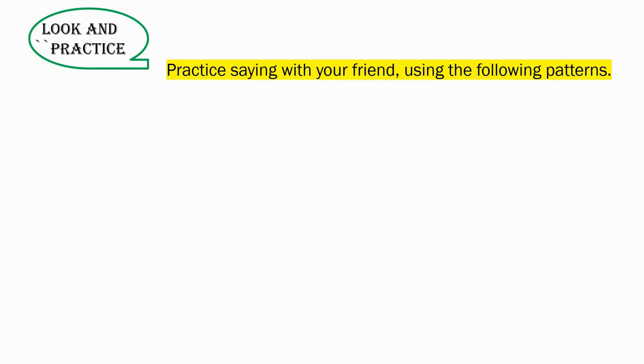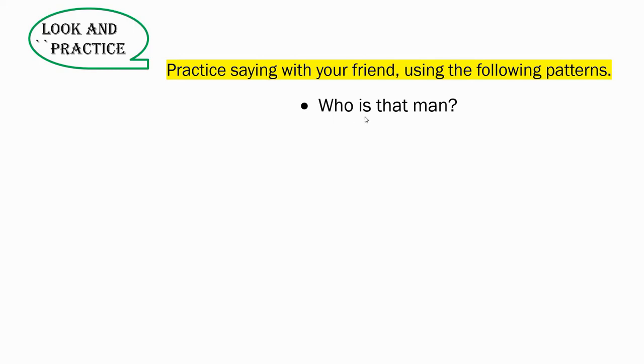Look and practice. Practice saying with your friend using the following patterns below. Who is that man? So we have here a question word who followed by the verb to be, is.